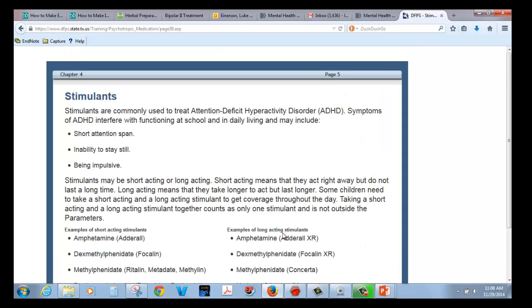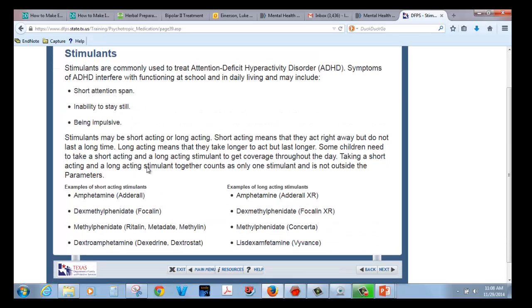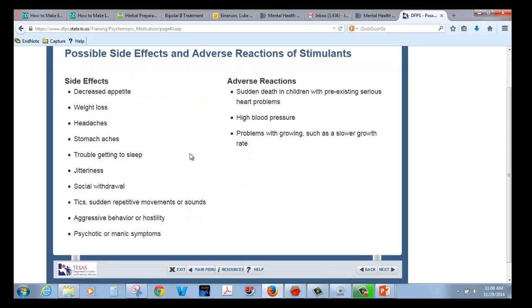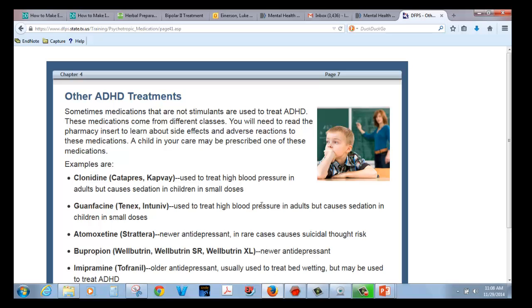As you can see, it gives examples of the most common medications used in this type, and then the common side effects and adverse reactions. So super helpful to clients as well as to us as clinicians. And then it gives us a little summary of other ADHD type treatments. So I hope those are helpful.